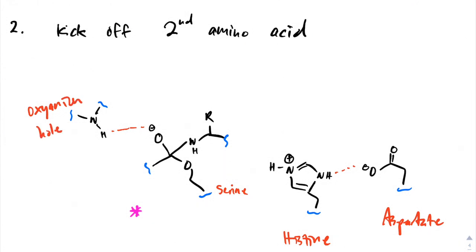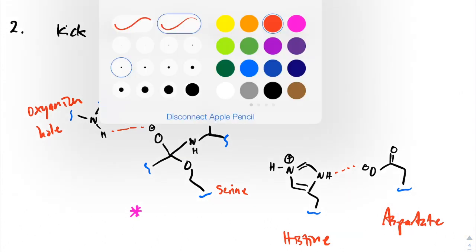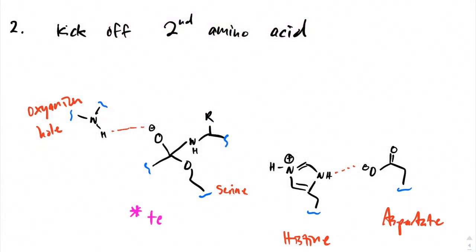So the oxyanion hole of our enzyme stabilizes that negative charge. And we have something called a tetrahedral intermediate here, because this carbon is bonded to 4 different things. So that's 1, 2, 3, and 4.